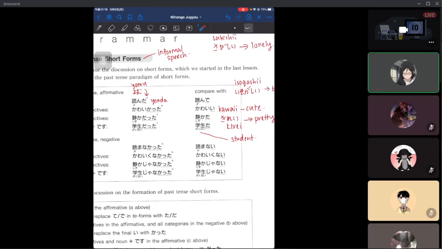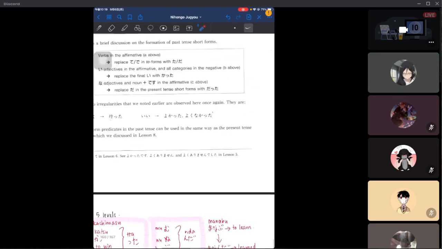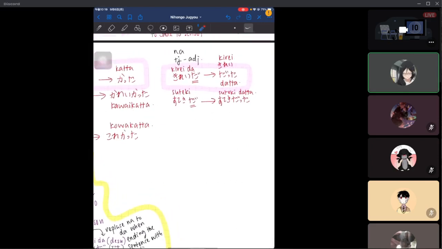I am a student. So if you want to change it into past tense, it's basically the same as na adjective, noun. For example, the one that we learned, gakusei da, a student.